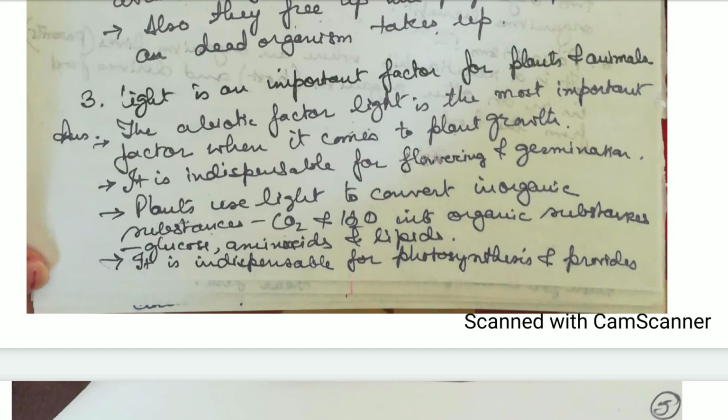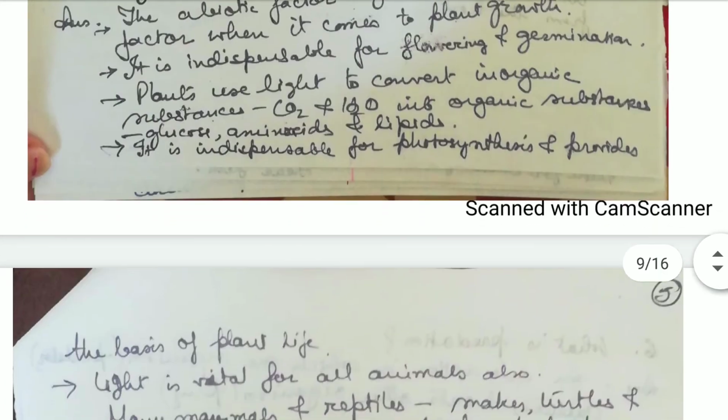Plants use light to convert inorganic substances like carbon dioxide and water into organic substances, that is glucose, amino acids, lipids, etc. It is indispensable for photosynthesis, which is the basis of plant life. So photosynthesis occurs due to light.